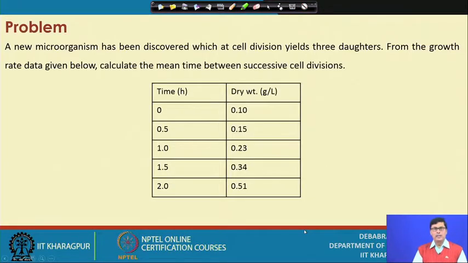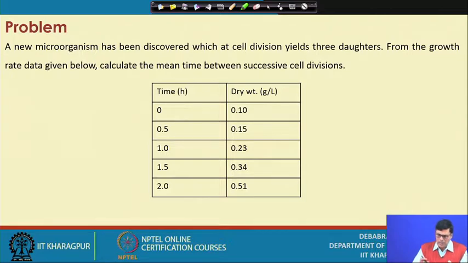Now, another very interesting problem is that we have come across the generation time. Am I right? And we come across the doubling time of the cell. What is doubling time? The time required to double the cell population. What is generation time? The time required for one cell division.